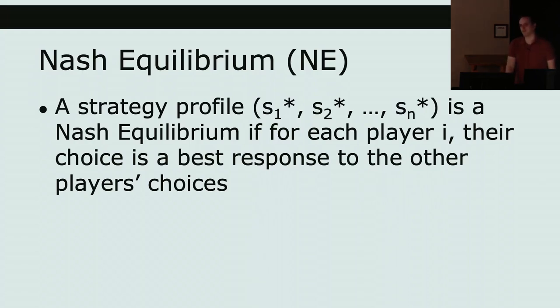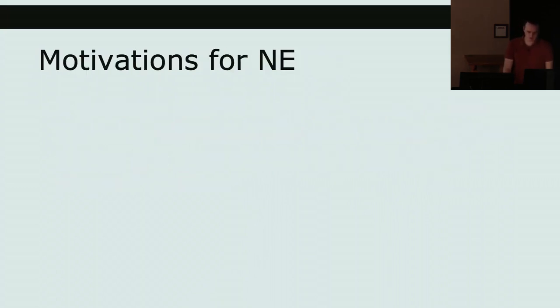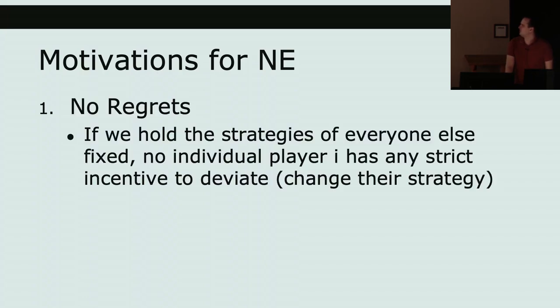There are other ways of looking at a Nash equilibrium, which I'll say in a bit, but the motivation for a Nash equilibrium is that there are no regrets. You cannot regret your choice if you are a player in a Nash equilibrium. Because if we hold the strategies of everyone else fixed, I'm best responding to everyone else.